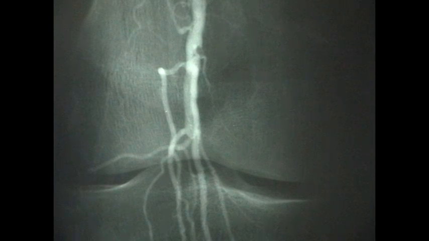So a fairly major occlusion in the femoral artery there, round about the level of the knee. And of course this is going to have significant effects on the lower limb, leading to hypoperfusion and ischemic changes.